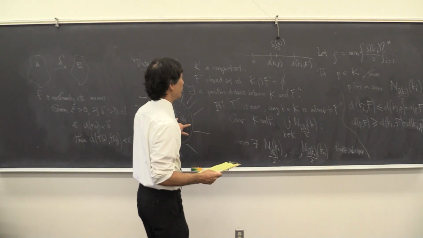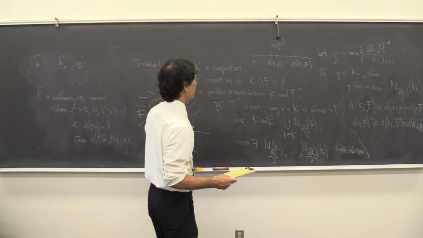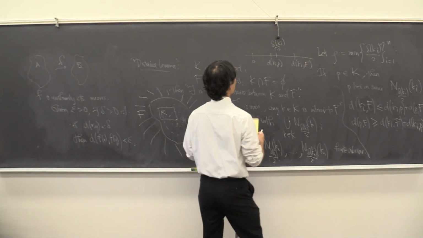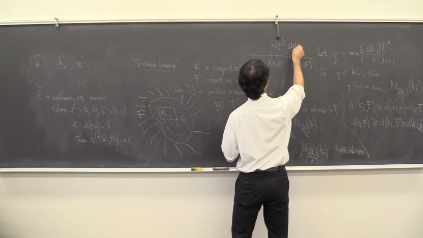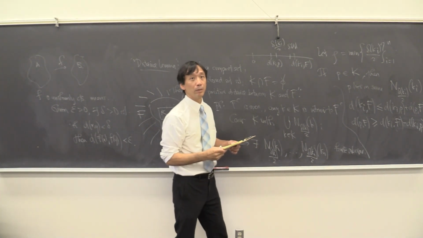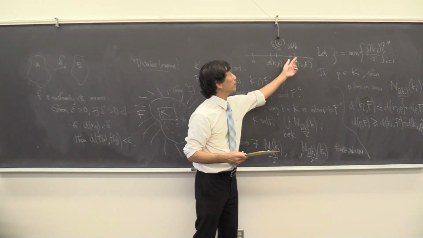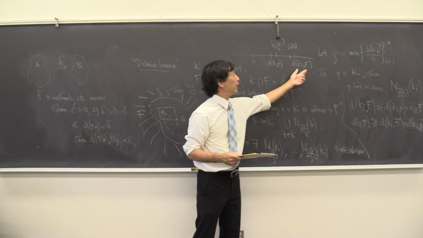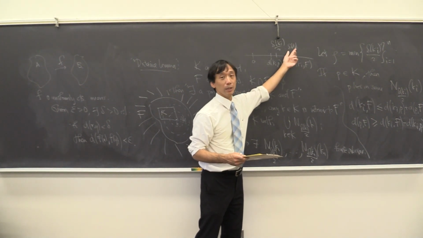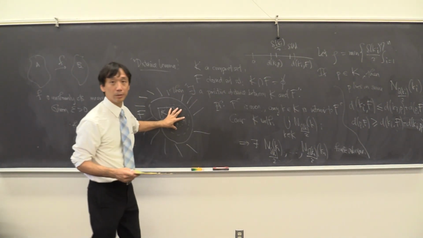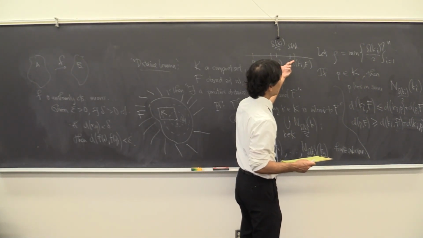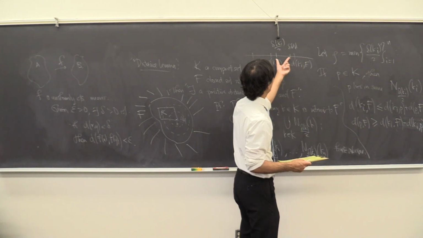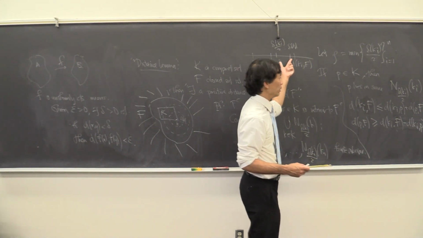And the distance of K_i to F is larger than delta K_i, that radius, and so the difference between these two external numbers is going to be bigger than the distance between these two internal numbers.